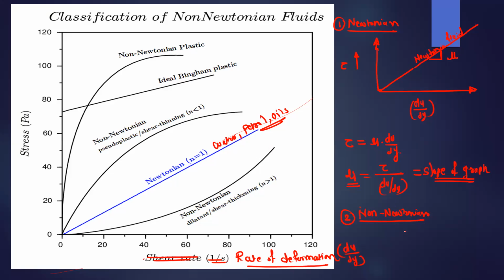In the non-Newtonian fluid, again we have types: the shear thickening fluid and the shear thinning fluid. Let us see what is the difference between these two fluids.